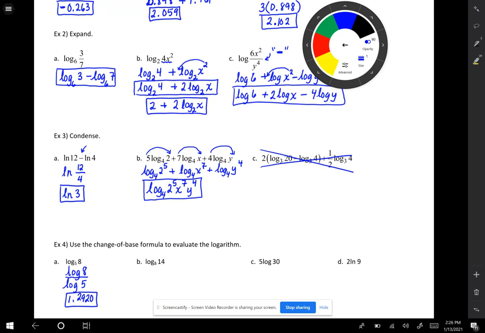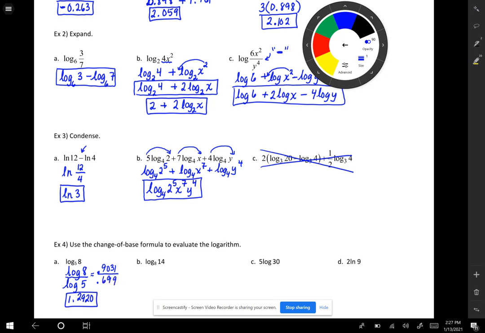Just to do that one, I'm actually going to get my phone out and do log 8. I'll punch in 8 and then hit LOG, not LN. This number gave me 0.9031. The bottom number, log 5, is 0.699. I'm rounding.